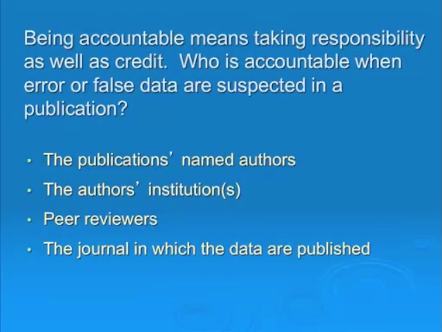The publication's named authors, the author's institutions who fundamentally own the data that's being published, peer reviewers who either agree that the data need to be published in the form they are, or that it needs to be revised in a particular way, and then the journal in which the data are published.